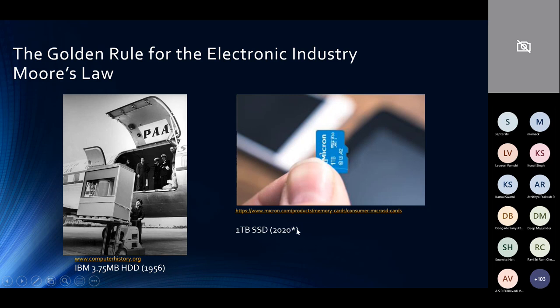So when you look at these pictures, you can easily imagine how much innovation has gone into designing all these. It doesn't have to be just a PC per se, and it shows how the golden rule, Moore's law, has evolved over time, but also enabled the industry to maintain its growth.